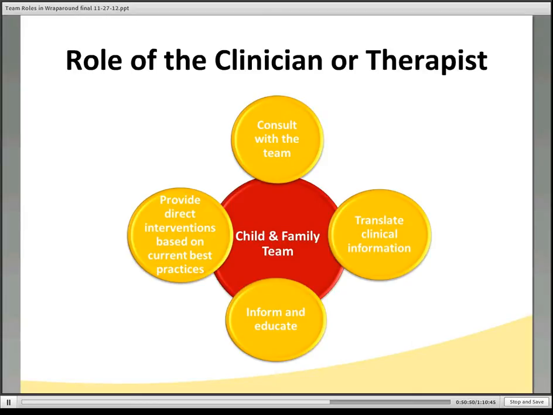I actually had the benefit of participating as a clinician on a Wraparound team prior to getting involved in Wraparound in other ways. And I can tell you that from my perspective, it was so helpful to be a part of that and to watch the dynamics unfold and to have a whole team.